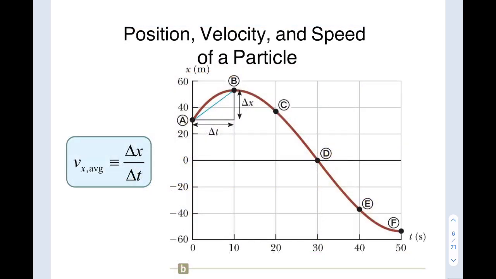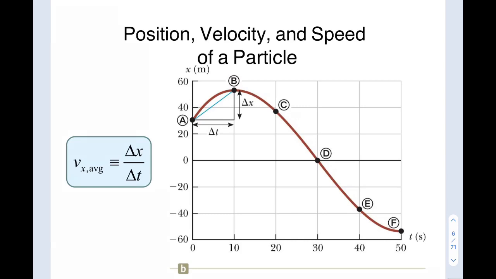Now we are going to take a look in detail at the graph of the car, the position x versus the time taken t. Let's take from position A to position B. The displacement of the car, delta x, will be x at B minus x at A. If you take delta x of the two positions over the time taken on the x-axis, delta x over delta t gives you the meaning of velocity.